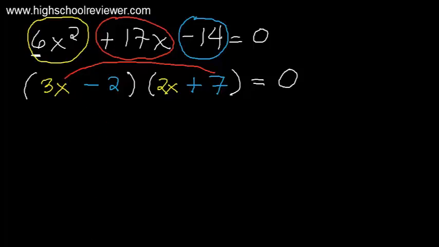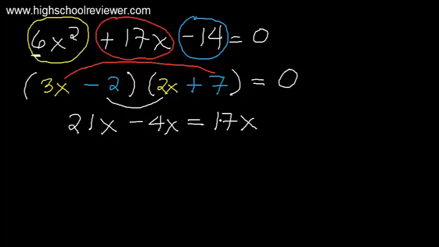So we have positive 3x multiplied by positive 7, we have positive 21x. And then we have negative 2 multiplied by positive 2x, negative 4x. So 21x minus 4x will give us 17x. So therefore, 17x is equal to our second term here.